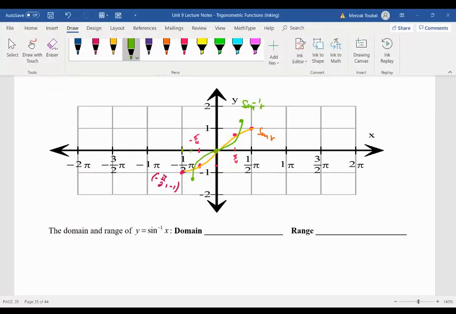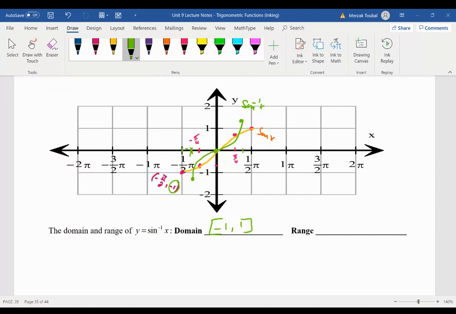And what is the domain of this green curve? So the domain, we said it goes from negative 1 to here 1, because the y of the original becomes the x. So it starts from negative 1 and it goes up to 1. So the domain will be negative 1, comma 1.